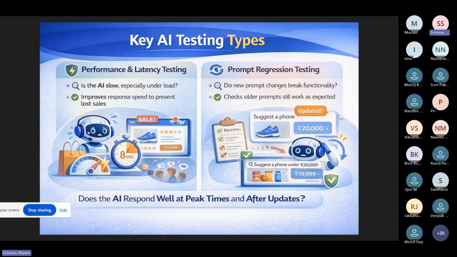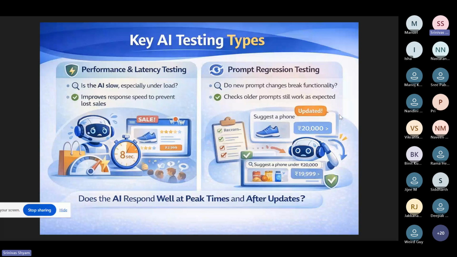Next is prompt regression testing, very important. Basically, prompt engineering comes in here. With small prompt changes, your AI behavior can break. Do you think that once I put something in production, prompts will remain the same always? No. These updates keep happening frequently.